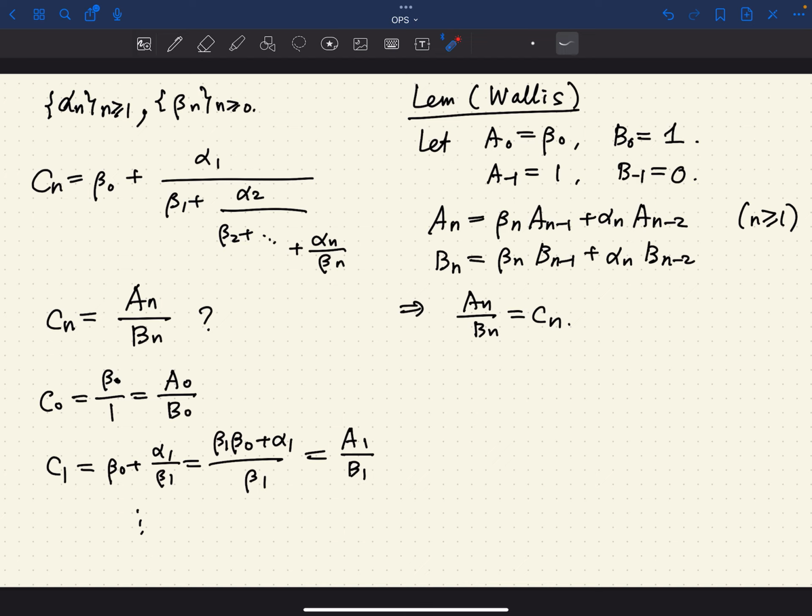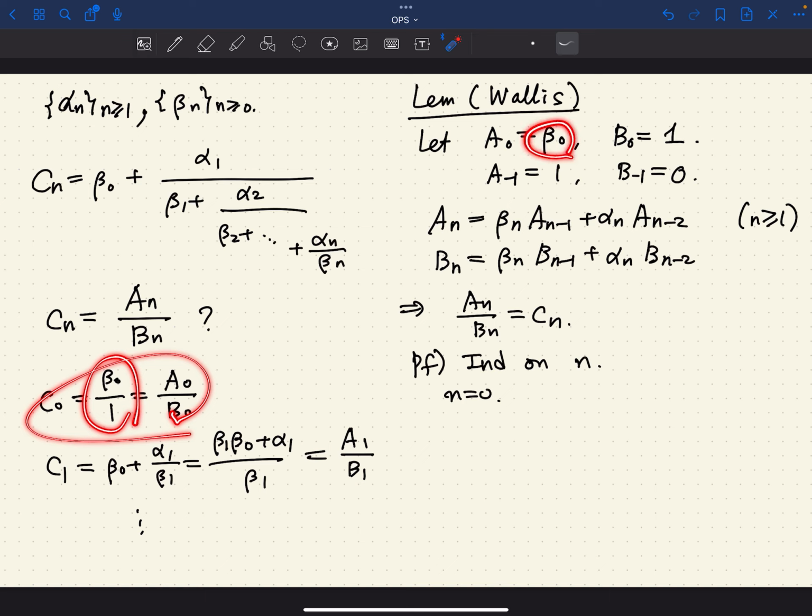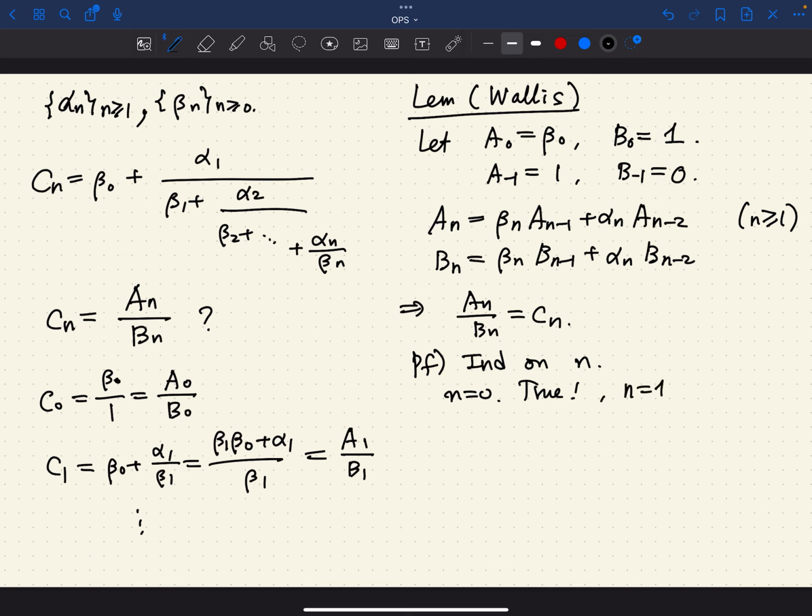Again, we're going to use induction on n. For n equals 0, it's true, since B_0 is 1, so this is true. We just check it. And let's check one more, n equals 1, also true.